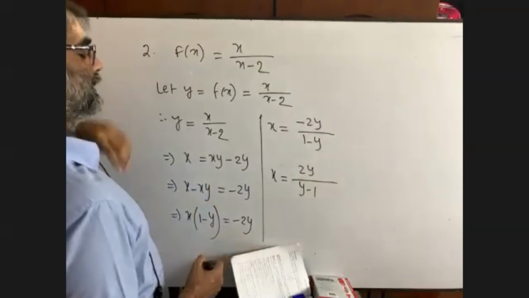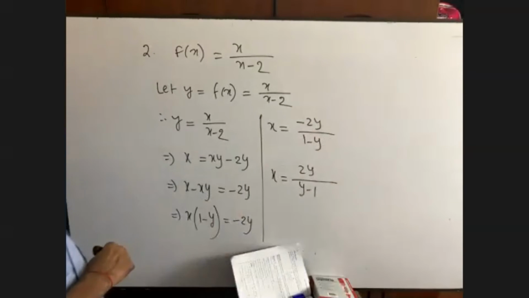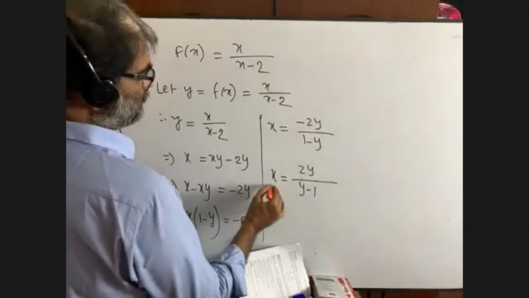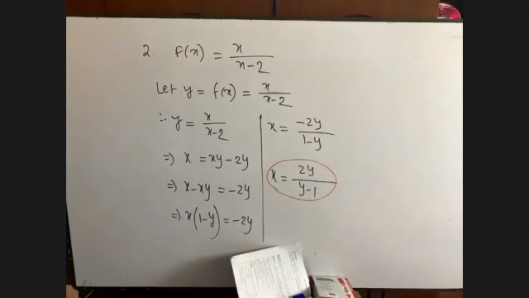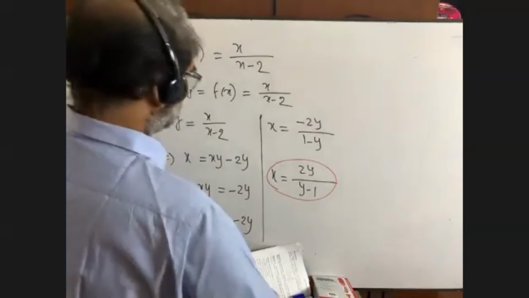I have multiplied both the numerator and denominator by minus 1. So we have got the value of x, which is 2y by (y minus 1). Okay?